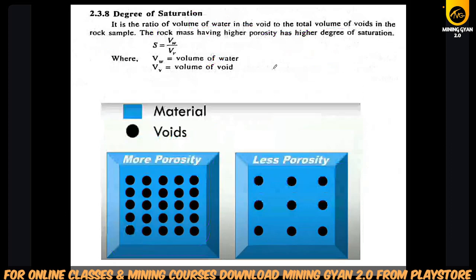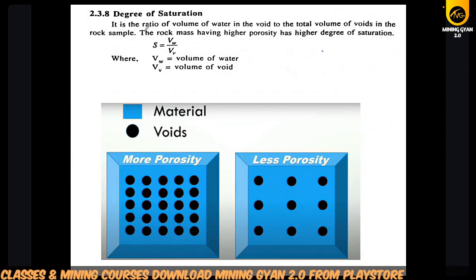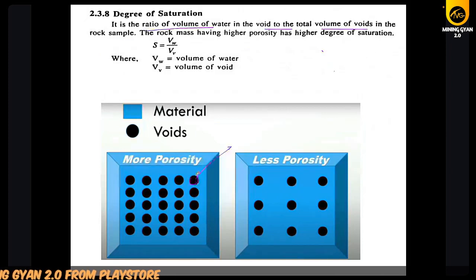Come to degree of saturation. So now we have seen the saturation. So how much will it saturate? It is the ratio of the volume of water in the void to the total volume of the void. Suppose this is your sample, then these voids or holes have some volume also.